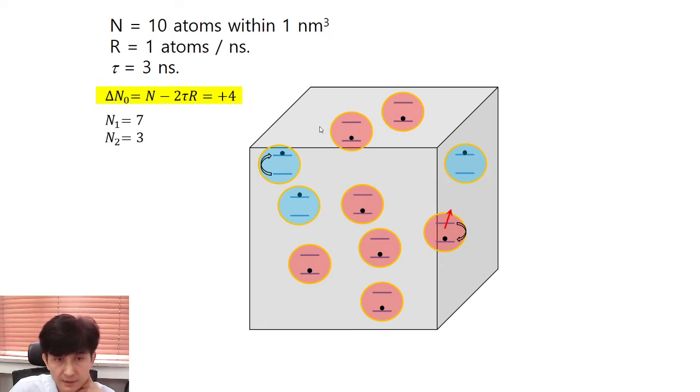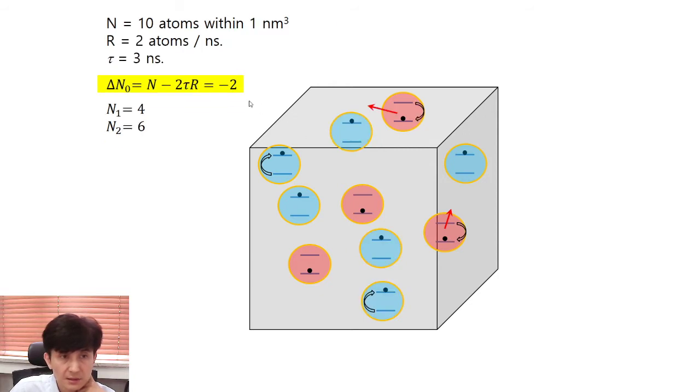So in this case we have delta N0 is plus 4. That's when R is fixed to 1 atom per nanosecond within this volume.